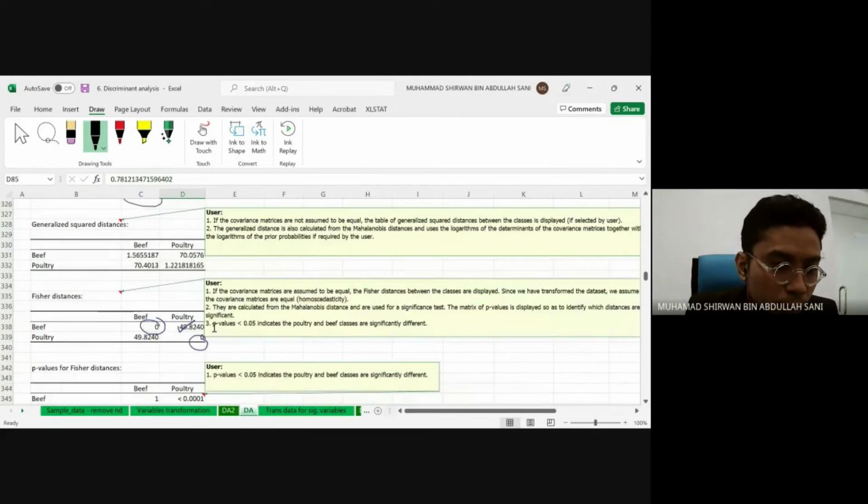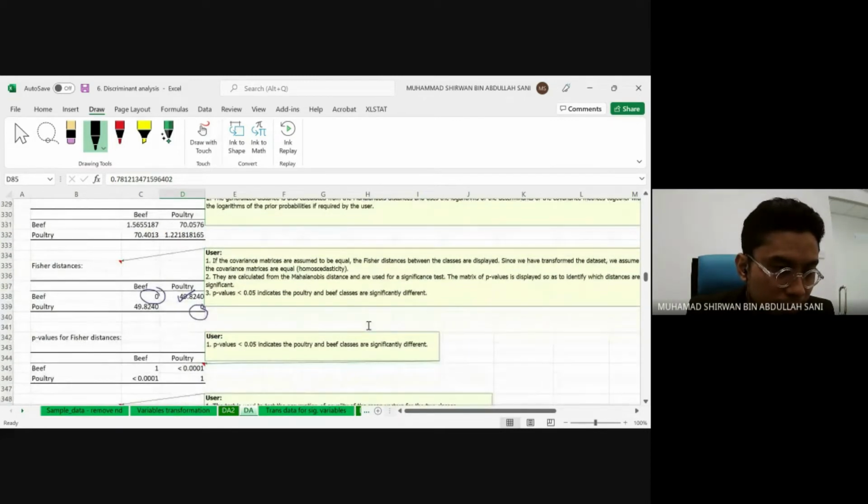Okay, so a p-value below 0.05 indicates the poultry and beef classes are significantly different. Where do we look? Okay, we can see here, 0.001. The level we set is 0.05, but the result we get is 0.001. This is the distance between beef and poultry, 49.